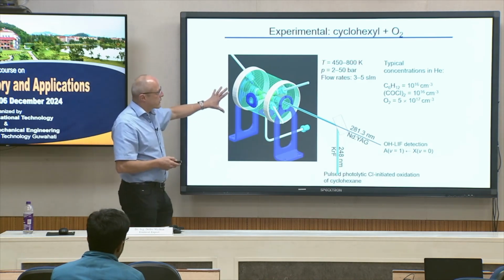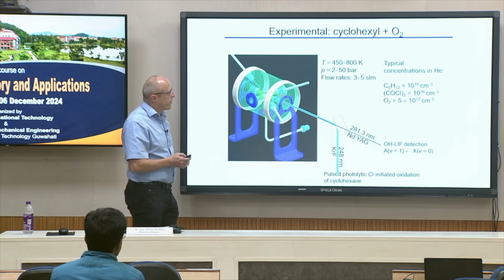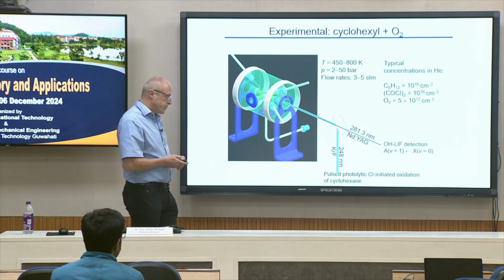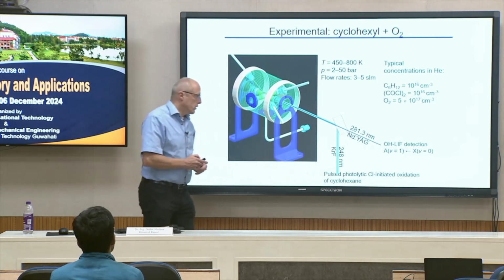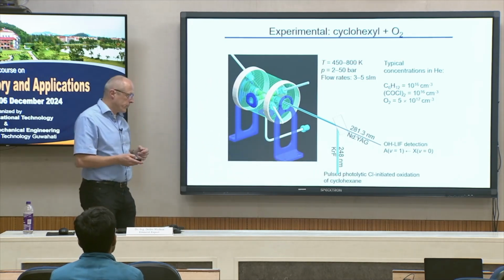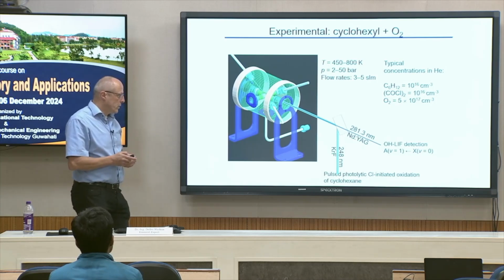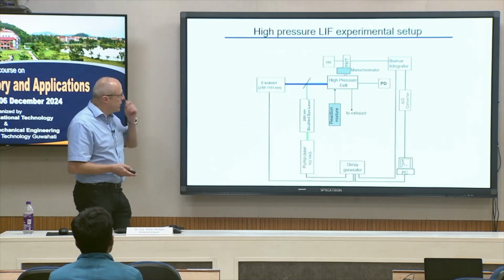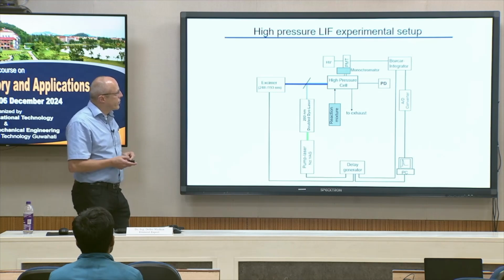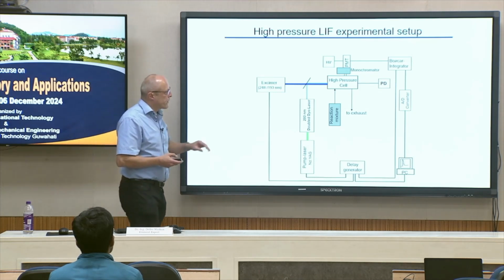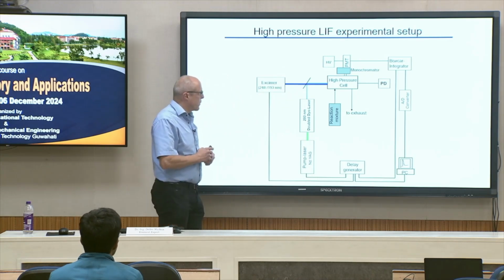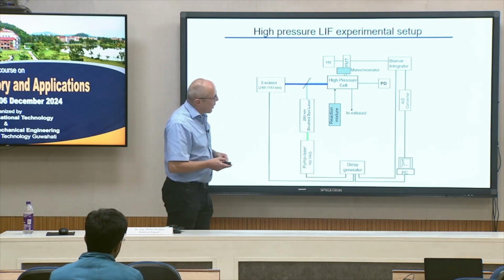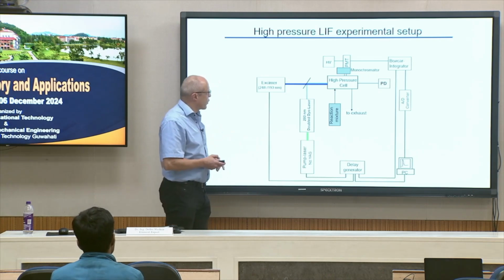We have a flow reactor, and again we initiate the reaction using a photolytic oxidation of cyclohexane. This is in a high pressure cell in this example, but the experiment is more or less identical with the one we have shown before.